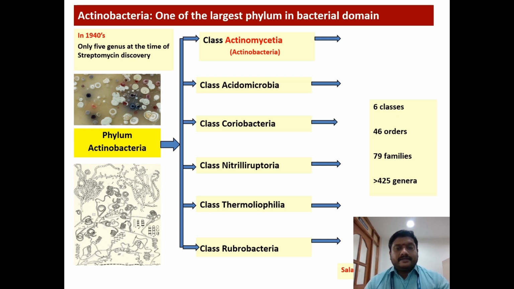In earlier period, in the 1940s, there were only 5 genera at the time of streptomycin discovery. But nowadays, it has 6 classes, 46 orders, 79 families, 425 genera. So this is the largest phylum in bacterial domain.